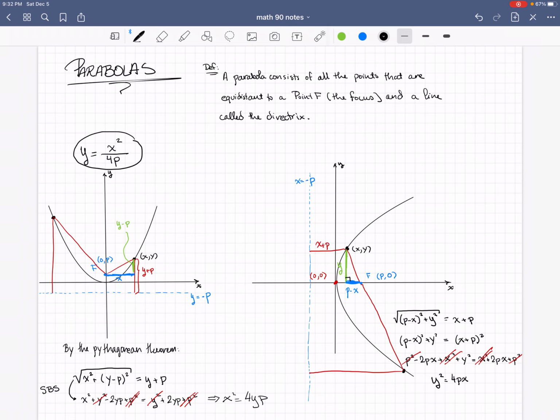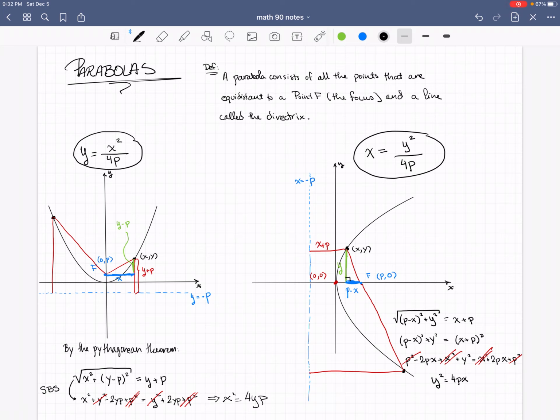So in the instance where you have a parabola that opens sideways, you can write its equation either as y squared equals 4px, or if it's more comfortable, and I think this may be more what you see in textbooks, although it'll depend on the resource, x equals y squared over 4p.